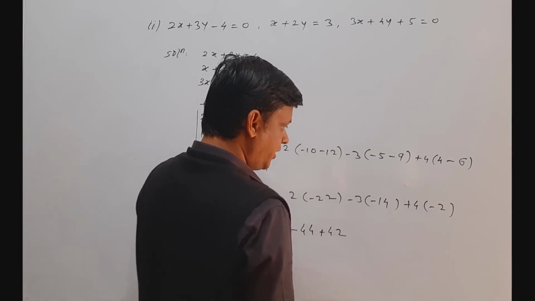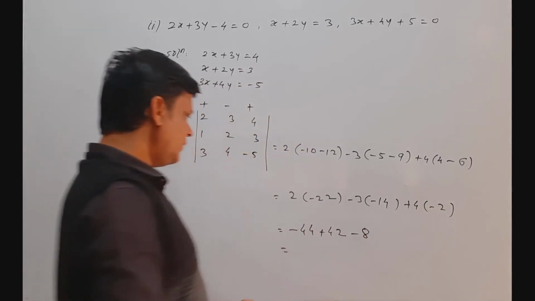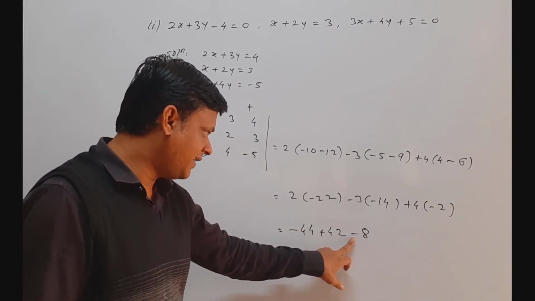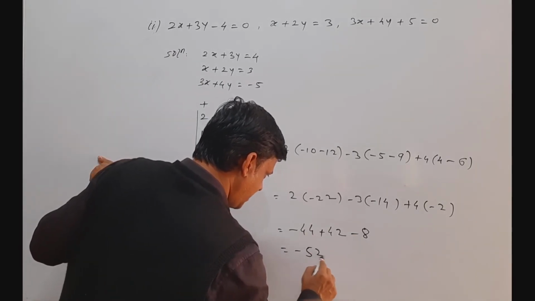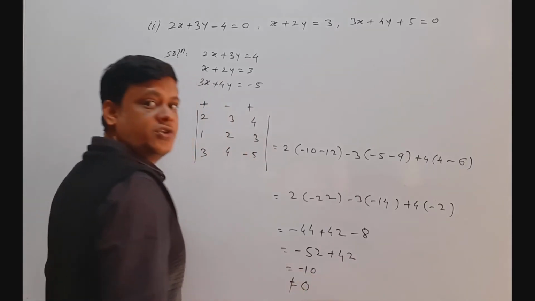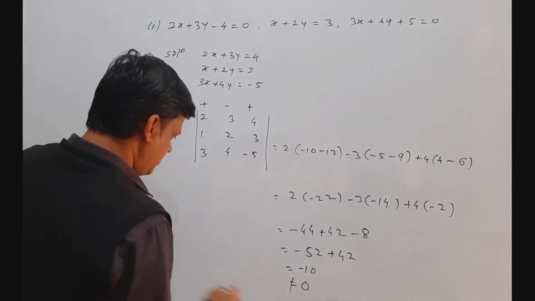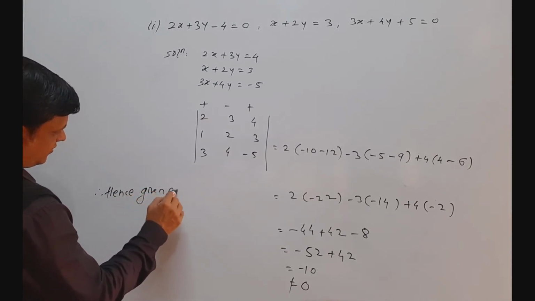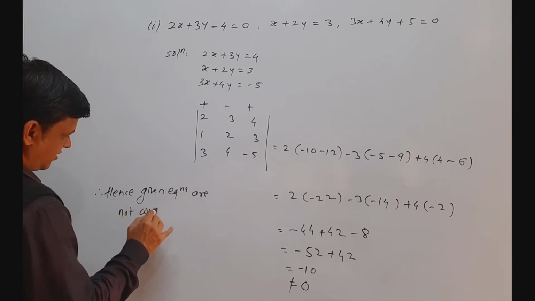So right here plus 42 plus minus minus 4 into 2 is 8. So we add this minus 44 and minus 8, which is equal to minus 52. So minus 52 plus 42, which is equal to minus 10, which is not equal to 0. So we write here, hence given equations are not consistent.